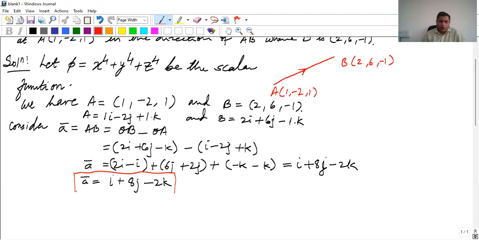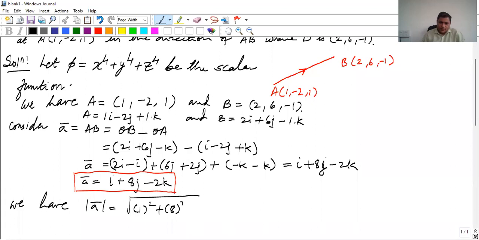Then what we have to do is find its modulus. So mod of a bar is equal to the square root of 1 square plus 8 square plus (minus 2) square.